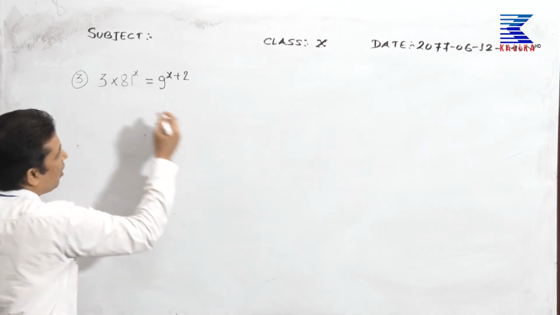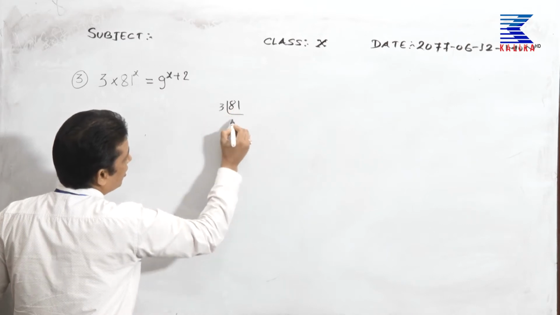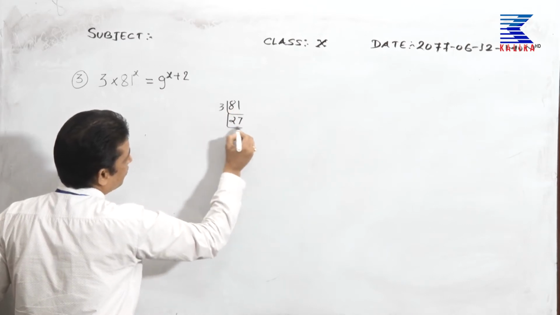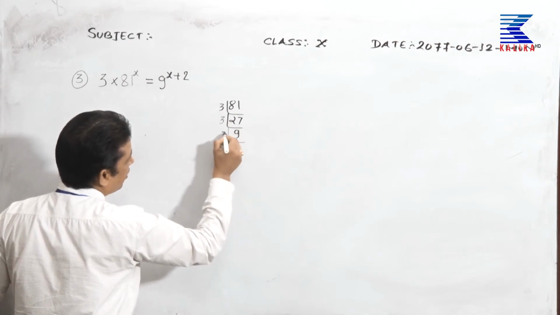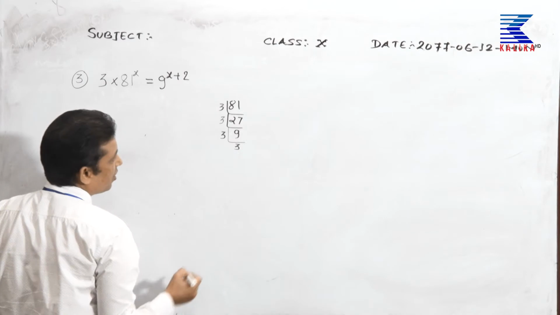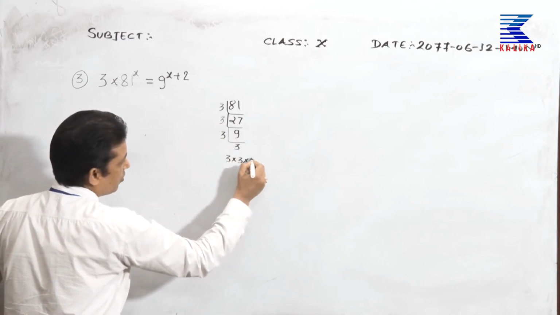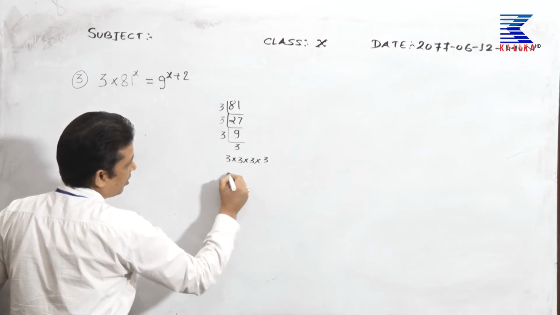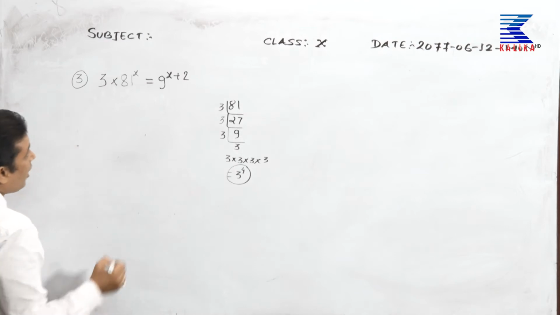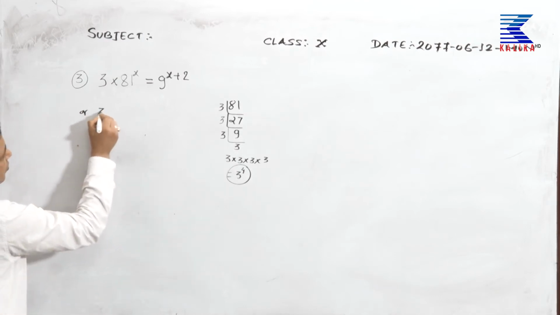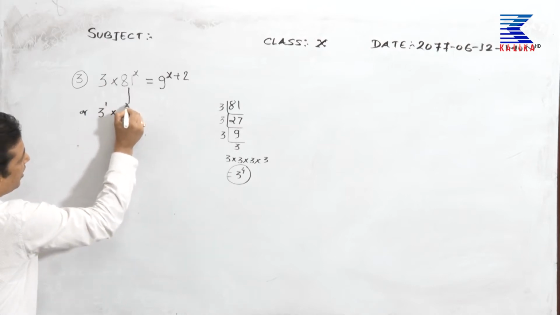Here is 81. So, let me factorize 81. 3 times 27, 3 times 9, 3 times 3. So, how many 3s should be multiplied to get 81, dear student? It means 3 to the power 4. So, here 3 means 3 to the power 1, times this 81.